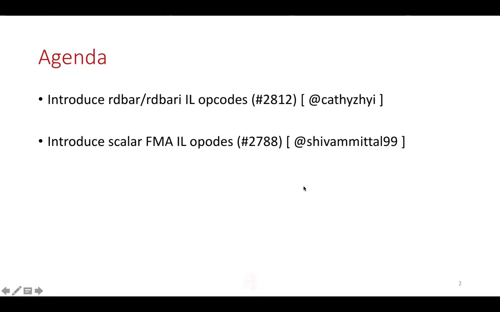So the current design is that we would have Rebar and Rebar I groups. Rebar is for load from static field, and Rebar I is for load from static field. And different field types would have different Rebar and Rebar I opcodes.